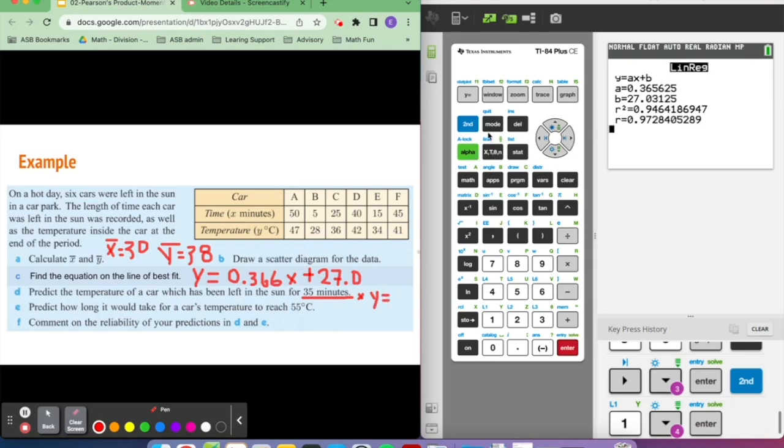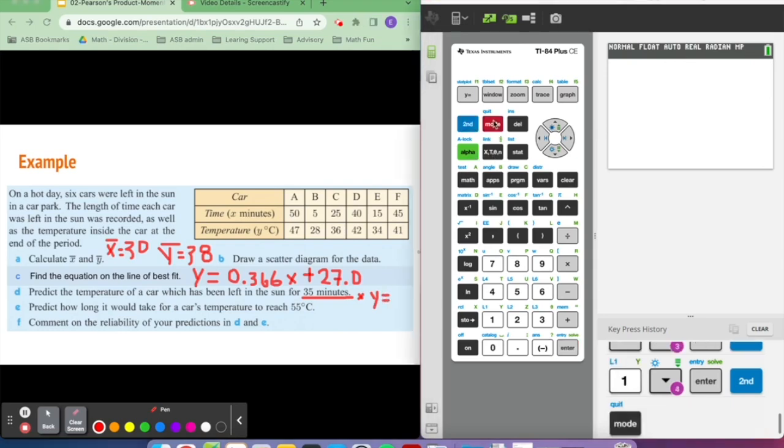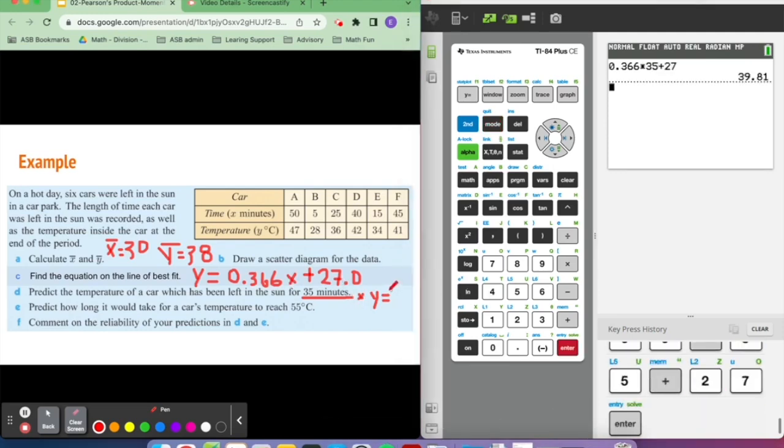In your calculator, you can go second function quit, and you're replacing X by 35. And we're expecting to have a temperature which is going to be 39.8 is the expected temperature when our time is 35.